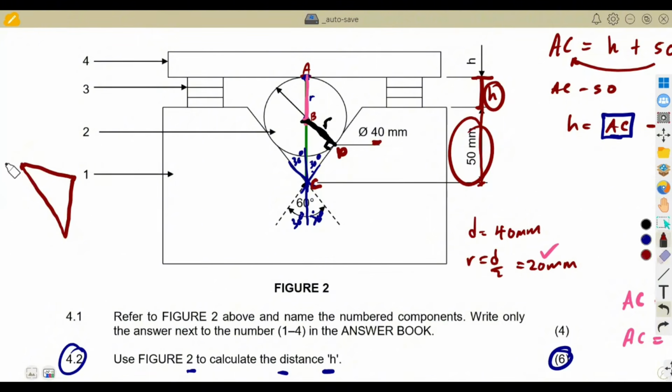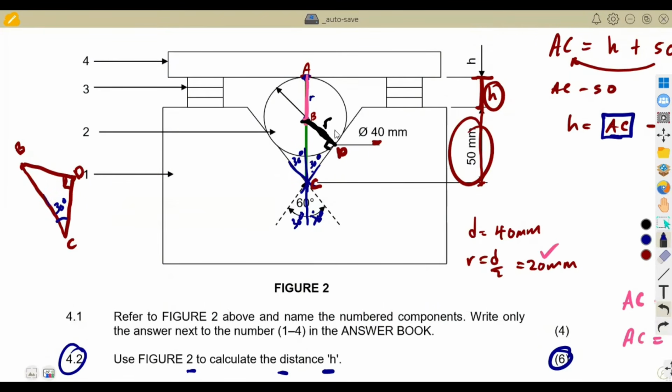This is our B, this is our D, and this is our C. This is what you're formulating. So this is a right-angled triangle, and there is an angle of 30 degrees inside the triangle here, this one at C. So I can use that to calculate this BC.